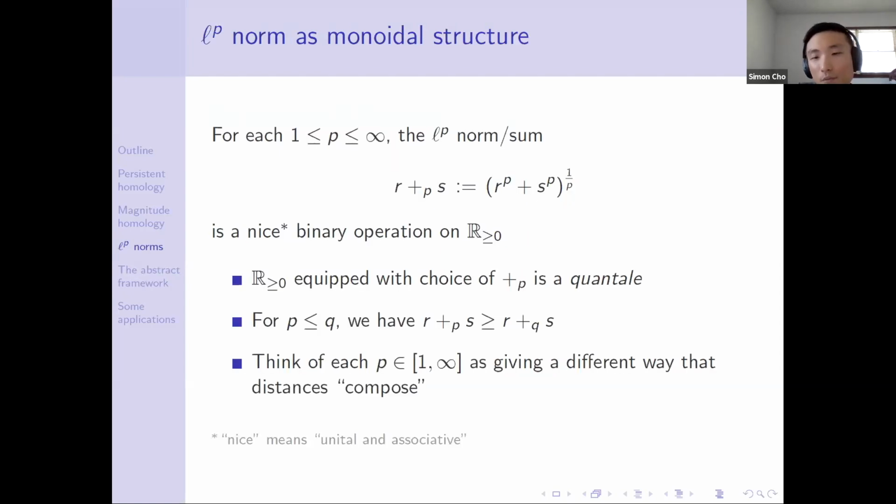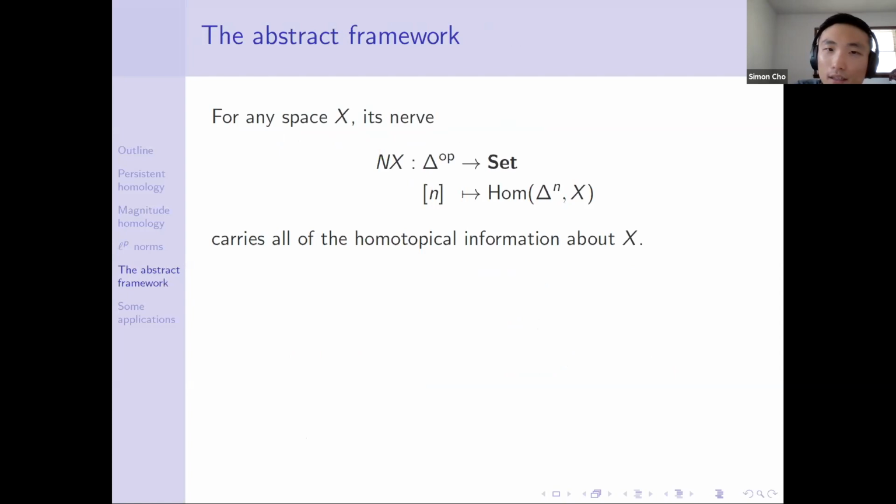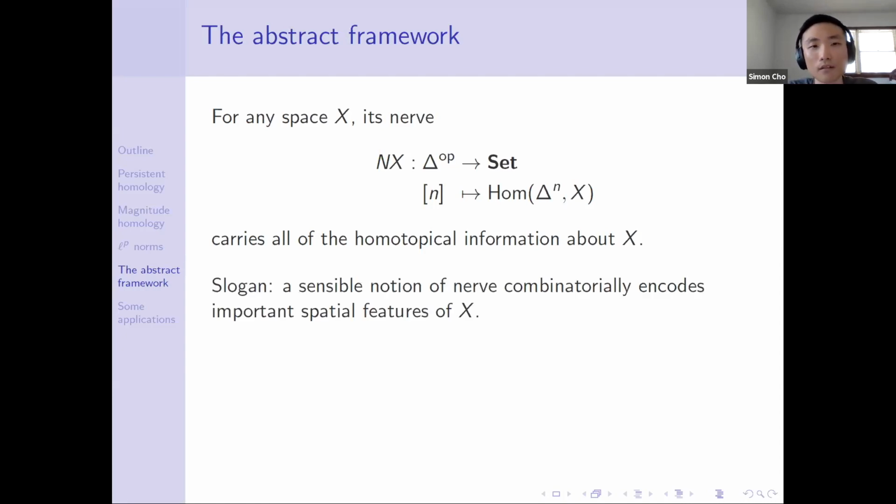So at this point, we're really going to start to flesh out what I think of as a categorical semantics of persistent and magnitude homology, right? So here's a bit of the motivation, or the story about the direction we're going to take in order to do that. Given a space, you can take its nerve, and it carries all the things that you might care about if you're a topologist. So the slogan is that a sensible notion of nerve encodes the important spatial features of X, right?